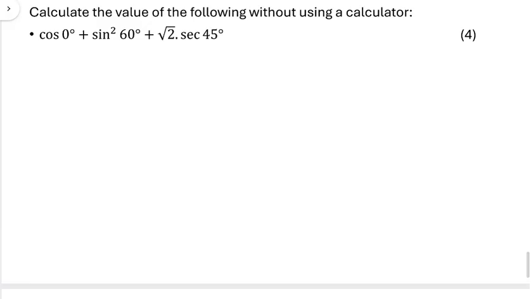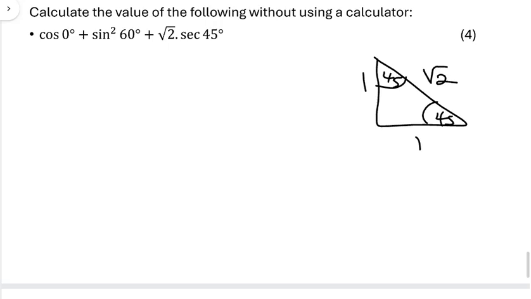So we need the special angle with 60. So with 0, 60 and 45. I'll start with the easiest, which is the 45 one. 45 here, 45 here, and I have 1 and a 1 and the square root of 2. And then the one with 0 looks like this.